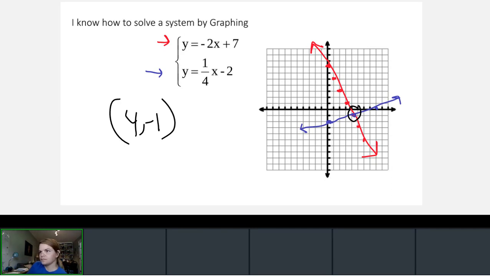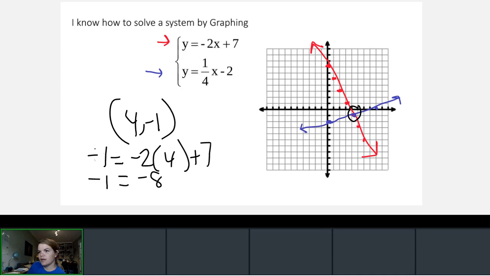And again, I can plug in -1 for y and 4 for x and make sure that I get my answer. So -2 times 4 is -8. -8 plus 7 is -1. So -1 equals -1.